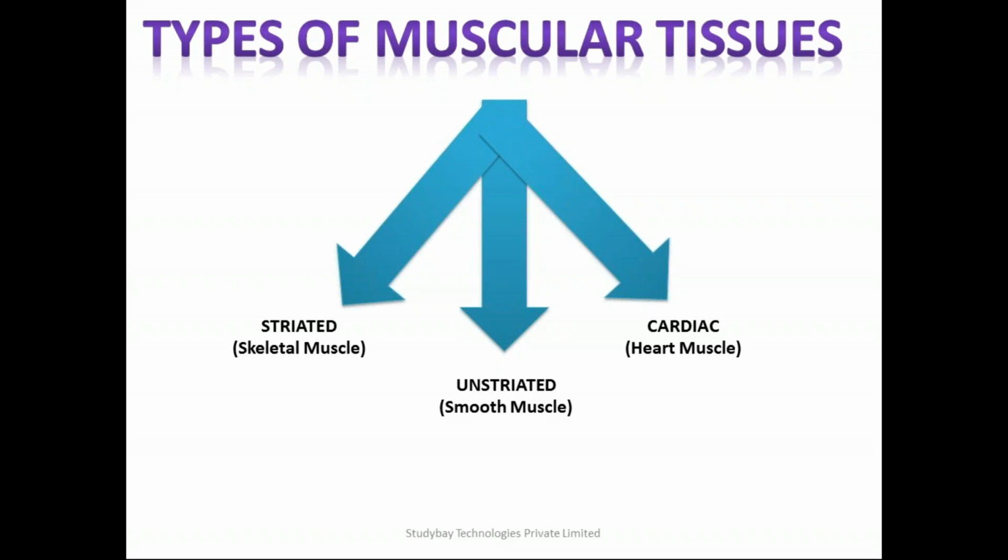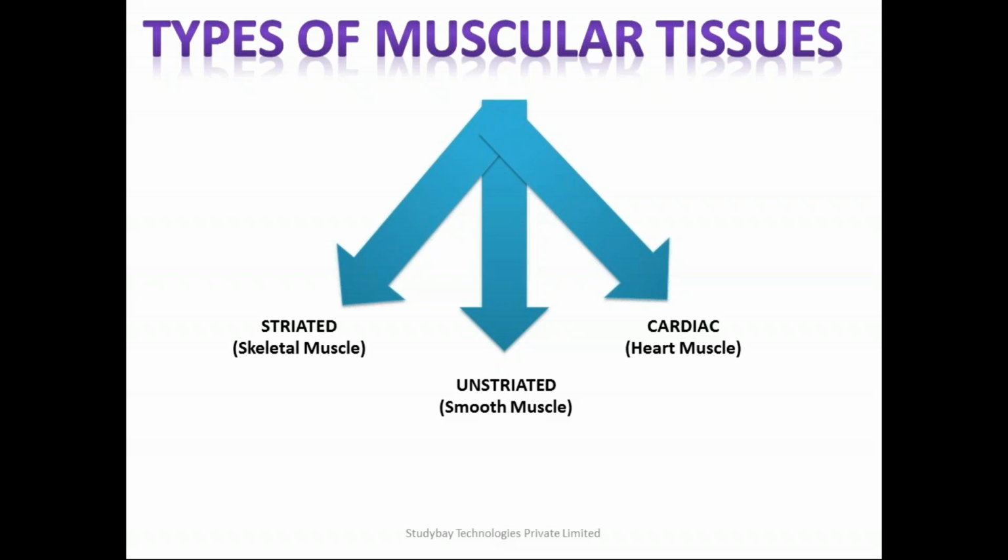A skeleton, as you know very well, supports the structure of our body, so the muscles attached to it are voluntary muscles. That means you can control the usage and movement of these muscles. Similarly, we have unstriated muscles, and we have cardiac muscles, which are related to the heart of our body.